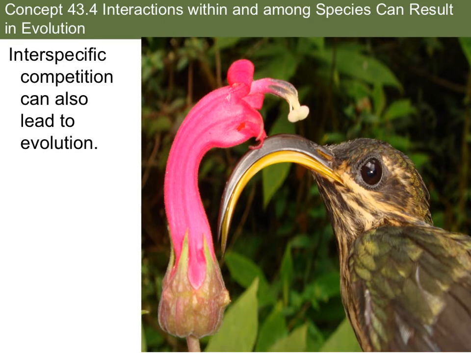Any other bird that tries to come in here and get nectar from it is not going to be able to. So even though interspecific competition does reduce resources, it can lead to the evolution of very unique adaptations or characteristics between one organism and another to make sure that these two now are exclusive and no other bird is going to be competing for the nectar at the bottom of this plant.